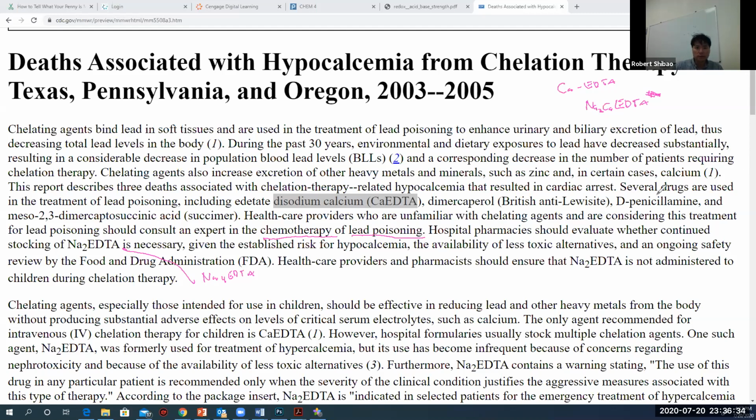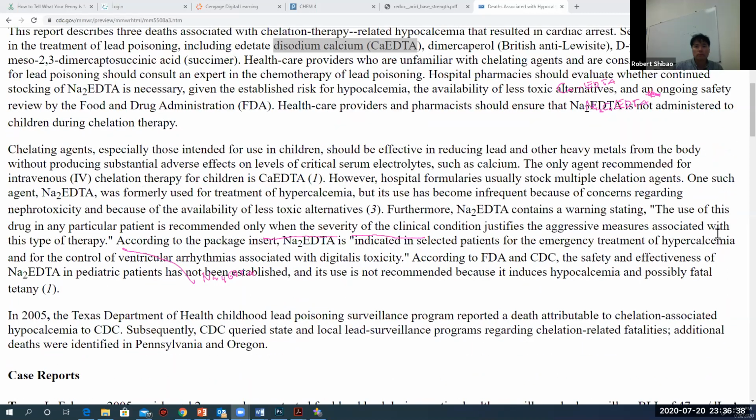Let's continue on here. So chelating agents, especially those intended for use in children, should be effective in reducing lead and other heavy metals from the body without producing substantial adverse effects. You know, the calcium is critical for healthy functioning of your blood chemistry.